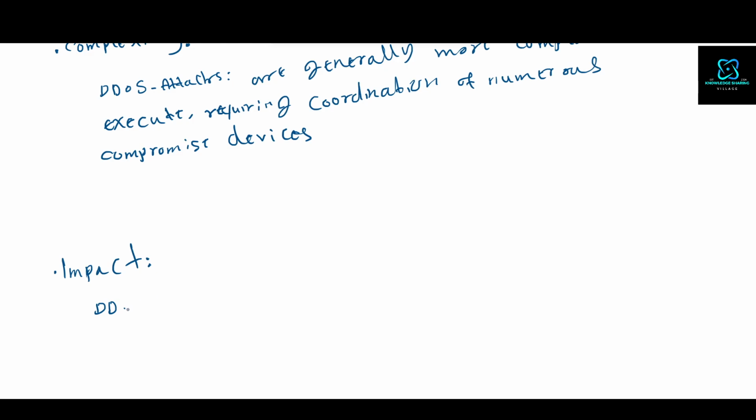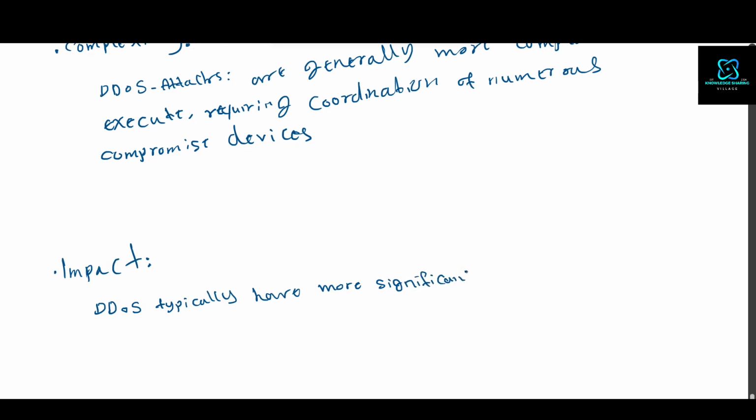But here the main difference between the two of them is that distributed denial of service attack typically has more significant impact because the attack traffic is being generated from multiple sources.